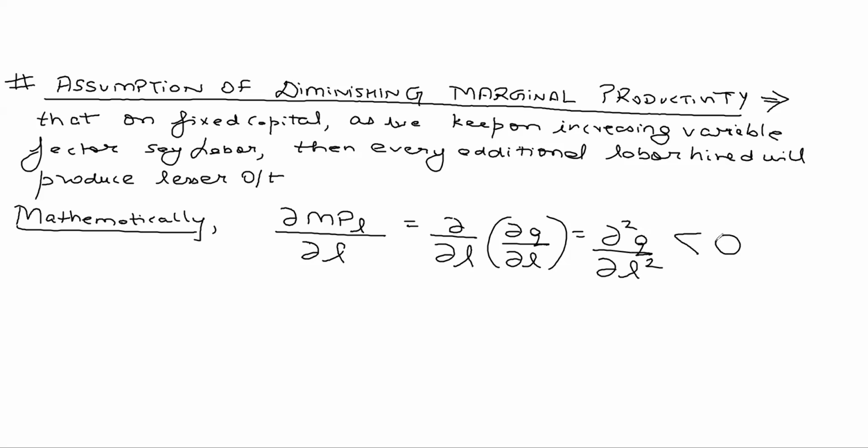We also denote it like this: del square Q by del L square is nothing but FLL, which is less than 0.